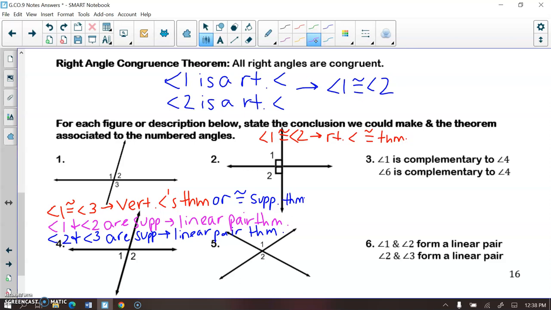A more generalized thing that you can say, which could maybe help you in a proof, is that angle 1 and angle 2 are supplementary by the linear pair theorem.